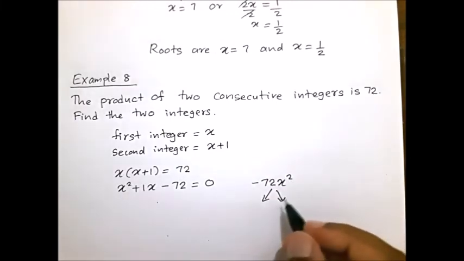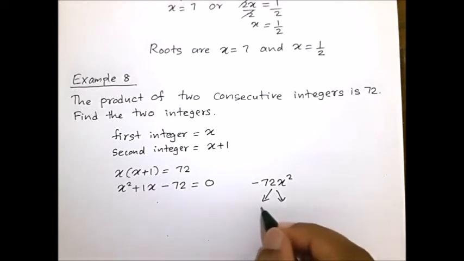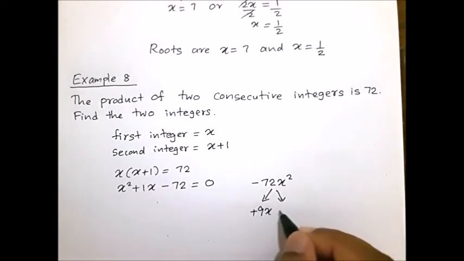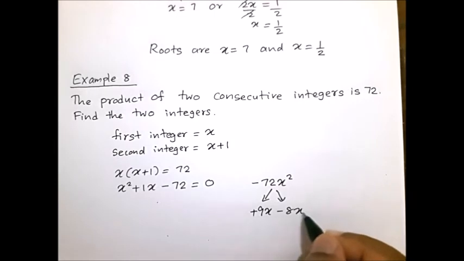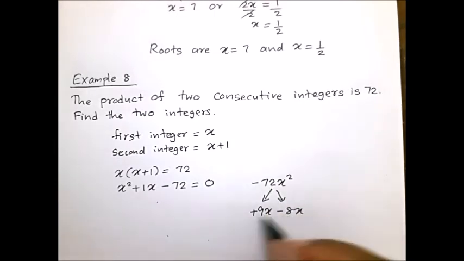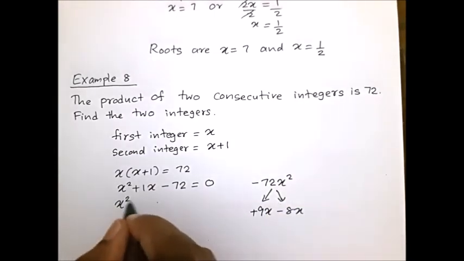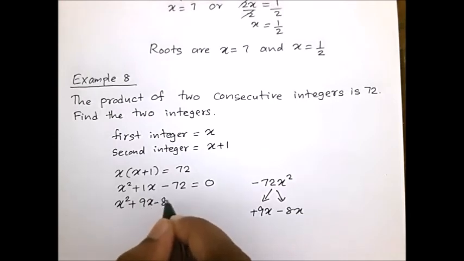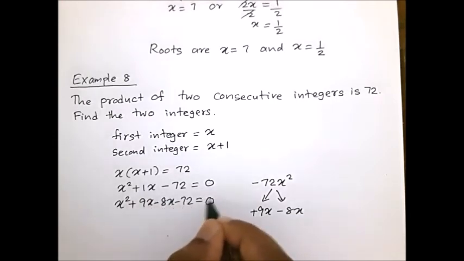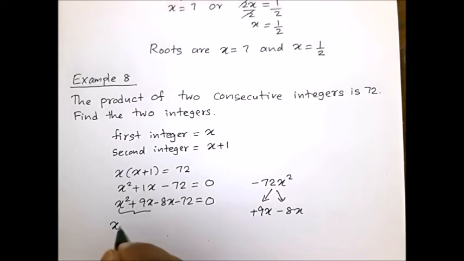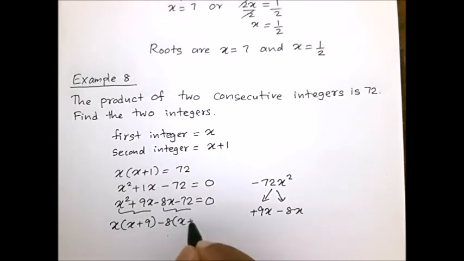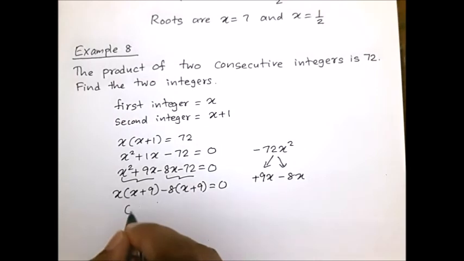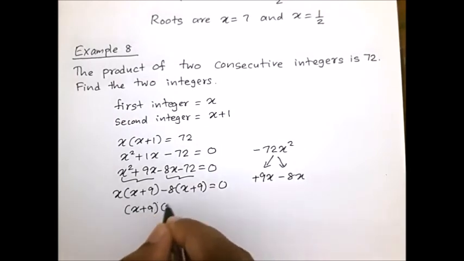What are the two terms here? 9x and minus 8x. 9 multiplied by 8, 72. 9 minus 8, 1. So x squared plus 9x minus 8x minus 72. Take common term, it is x, remaining x plus 9. Take common term, it is minus 8, remaining x plus 9. Then factors are x plus 9 and x minus 8.